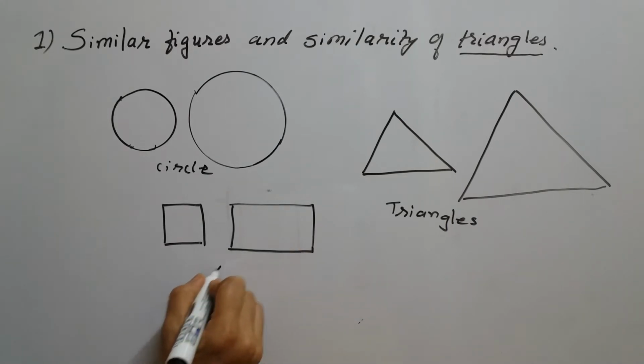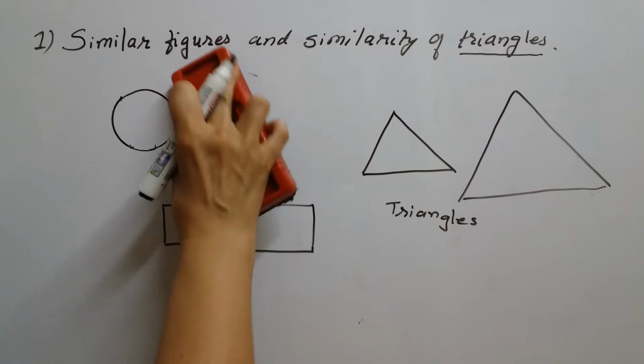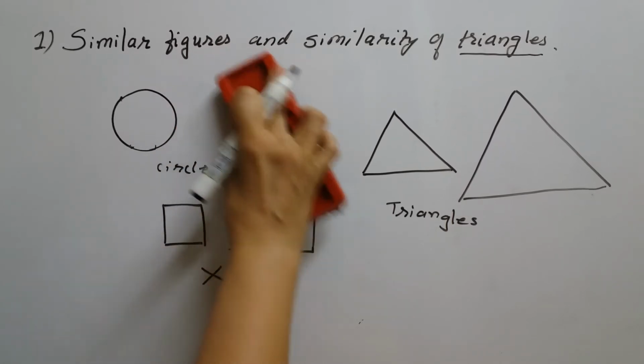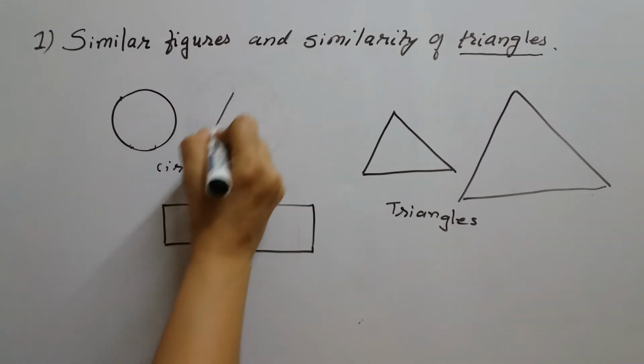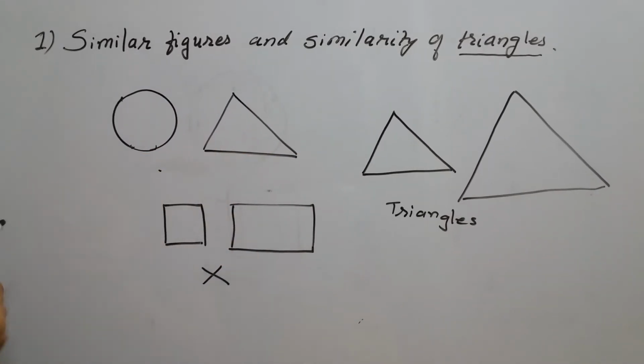No, they are not similar figures. Can I say a circle and a triangle are similar figures? If I replace this circle by a triangle, no, these are not similar figures. So for figures to be similar, the shape has to be the same and the size has to be in proportion. All circles are similar. All squares are always similar. All equilateral triangles are always similar.